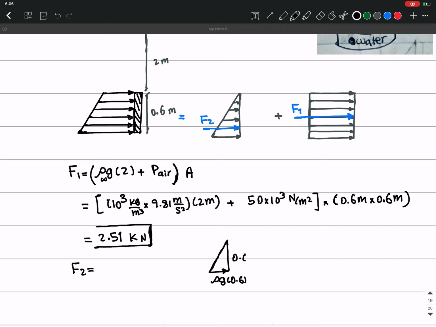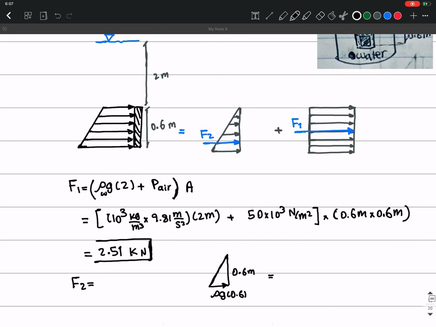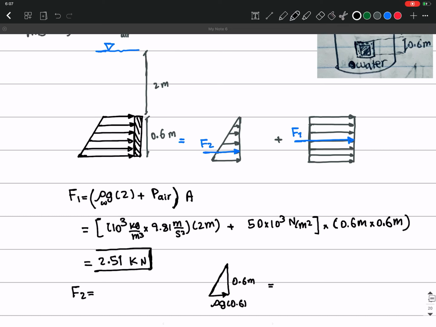Because this is 0.6. If you want to use the previous one, as you see, this is what we had here, right?